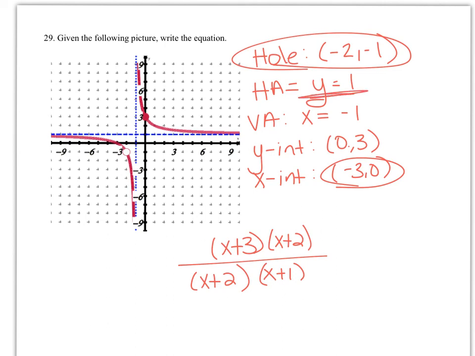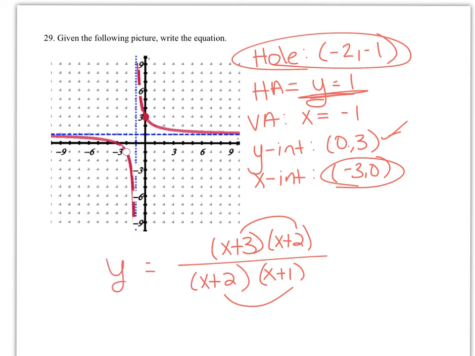My horizontal asymptote is y equals 1, which means it has to have the same degree, which right now it does. It has to have coefficients of 1, which right now it does. Vertical asymptote, -1. Now if I check my y-intercept by plugging 0 in for all my x's, I would get 3 times 2, which is 6, 6 over 2, so that's 3, that's satisfied. So I think I'm good.